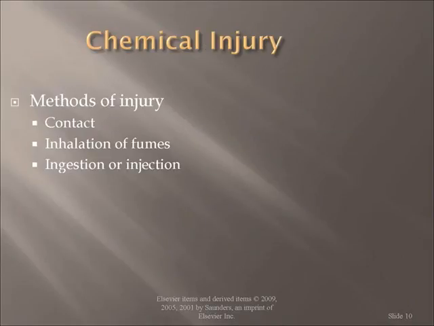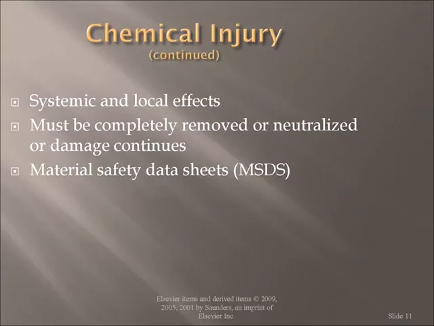For chemical injuries, the methods of injury are contact, inhalation of fumes, and then either ingestion or injection of the chemical. Chemical injuries can have both systemic and local effects. The chemical must be completely removed or completely neutralized, or the damage will continue to build and continue to worsen.